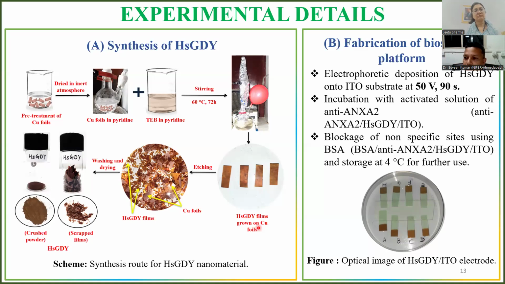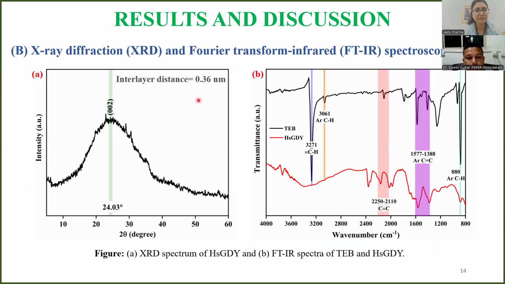We optimized the electrophoretic deposition condition, obtaining a good thin film at 550 volt for 90 seconds. We also did basic characterization like XRD and FTIR, and on the basis of these techniques we have successfully synthesized hydrogen substituted graphene.